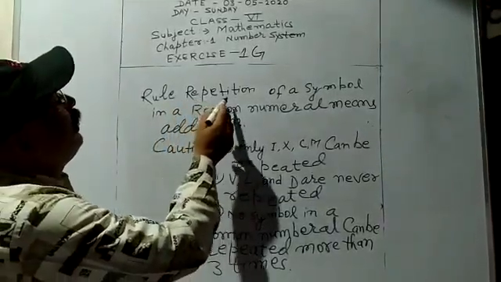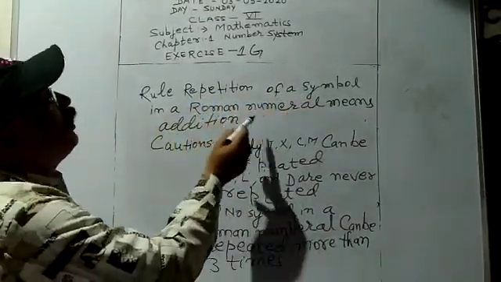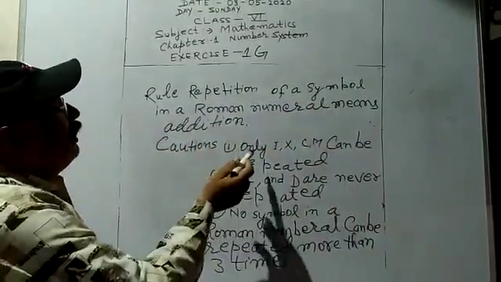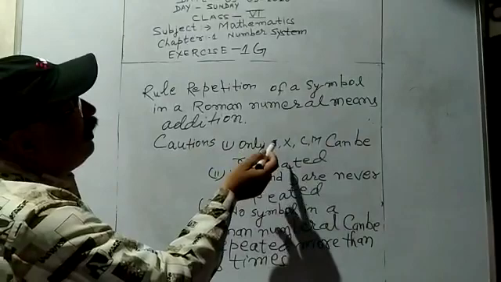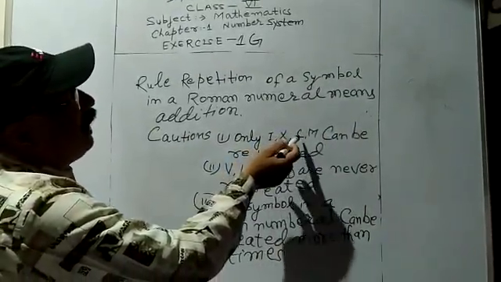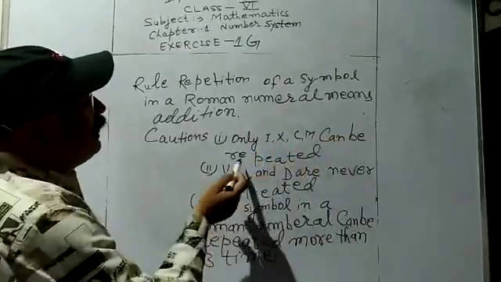Rule: Repetition of a symbol in a Roman numeral means addition. First, only 1, 10, 100, 1000 can be repeated.